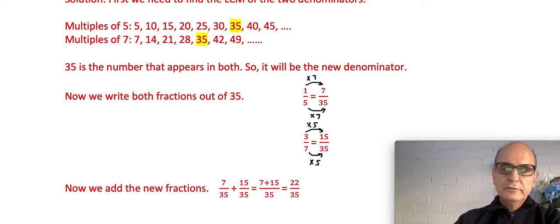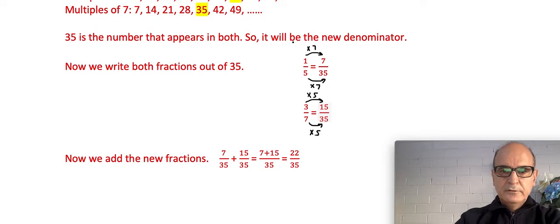Now I have two fractions which are equal to the original fractions but have the advantage of having the same denominator. So I can add them more easily. So rather than adding the original ones, I'm going to add these new fractions. So 7 over 35 plus 15 over 35.